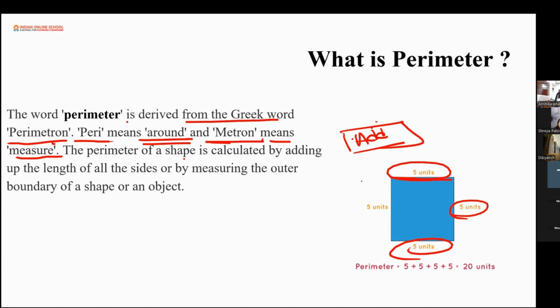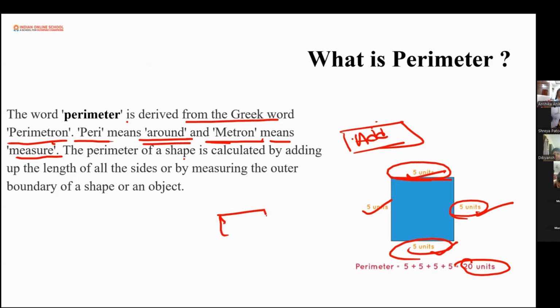In area, you were multiplying. In perimeter, you add. Since it's around, now you add up everything. 5 plus 5 plus 5 plus 5. That's 20 units. 5 plus 5, 10. Plus 5, 15. Plus 5, 20.